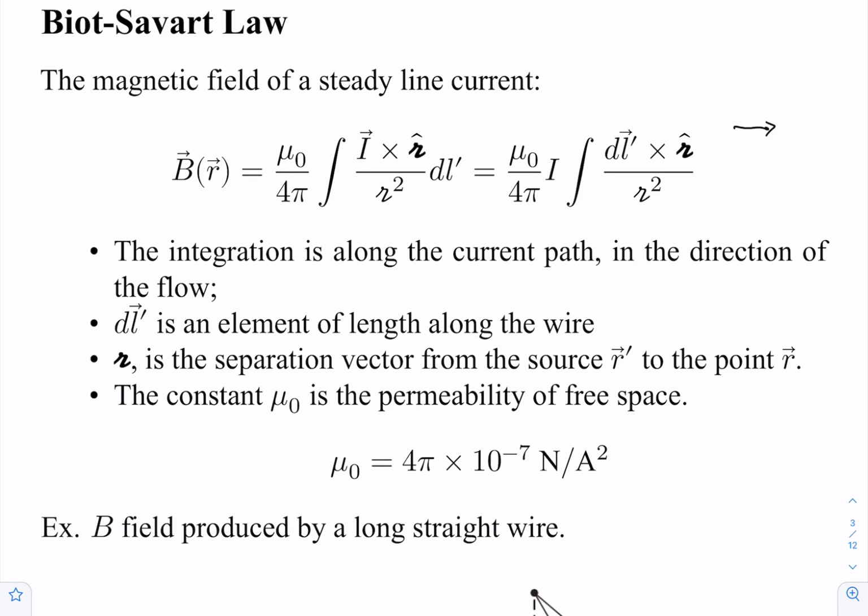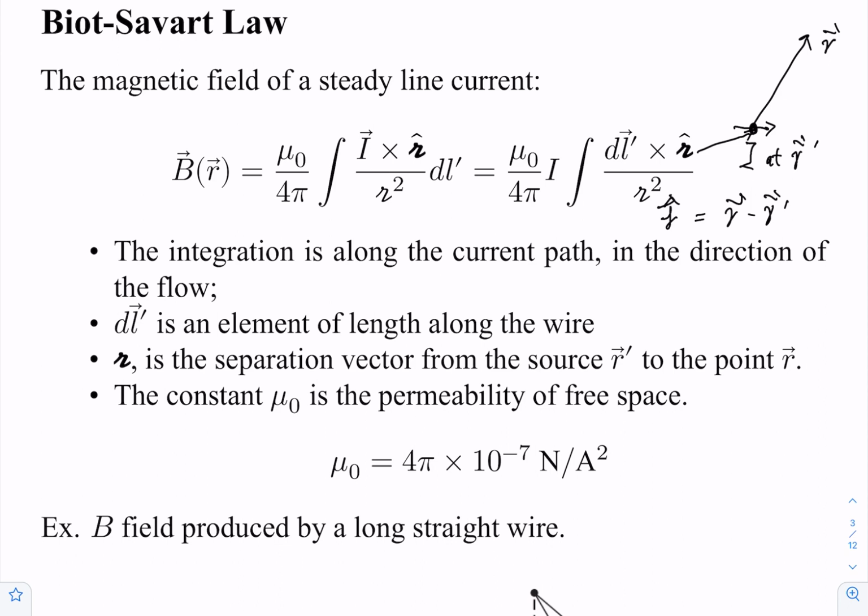So here the separation vector means, suppose that we have a source current at here, and then we are observing this, so the observation point is at R. So here R minus R prime is the definition of this separation vector.